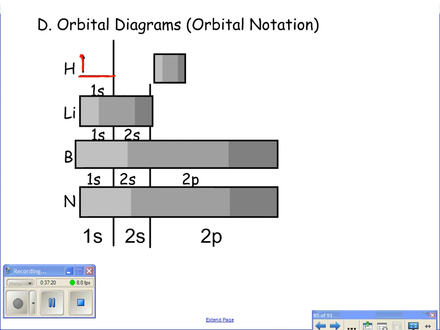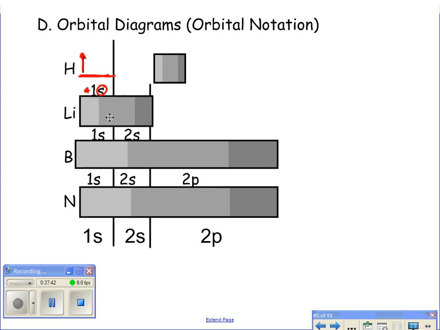So I always put the up arrows first, but it doesn't matter if you would have put a down arrow. But it has 1 electron spinning in the 1 orbital that the S sublevel has in the first energy level.